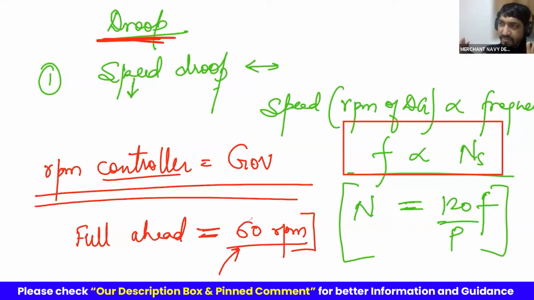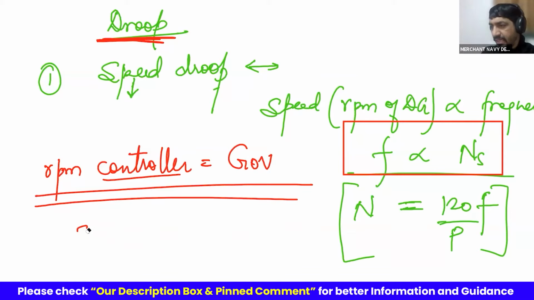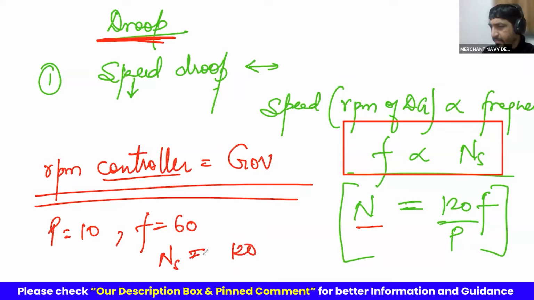In case of generator, we have a fixed speed. Let's say the number of poles is 10 and frequency is 60. So what is the speed as per calculation? Quickly, we can do it: 120 into 60 hertz divided by 10 poles.